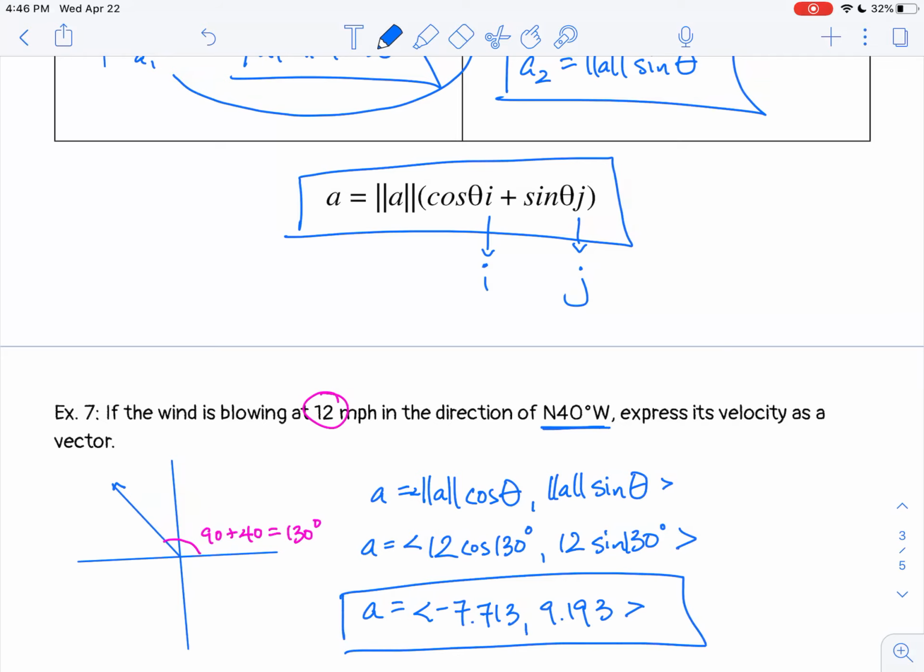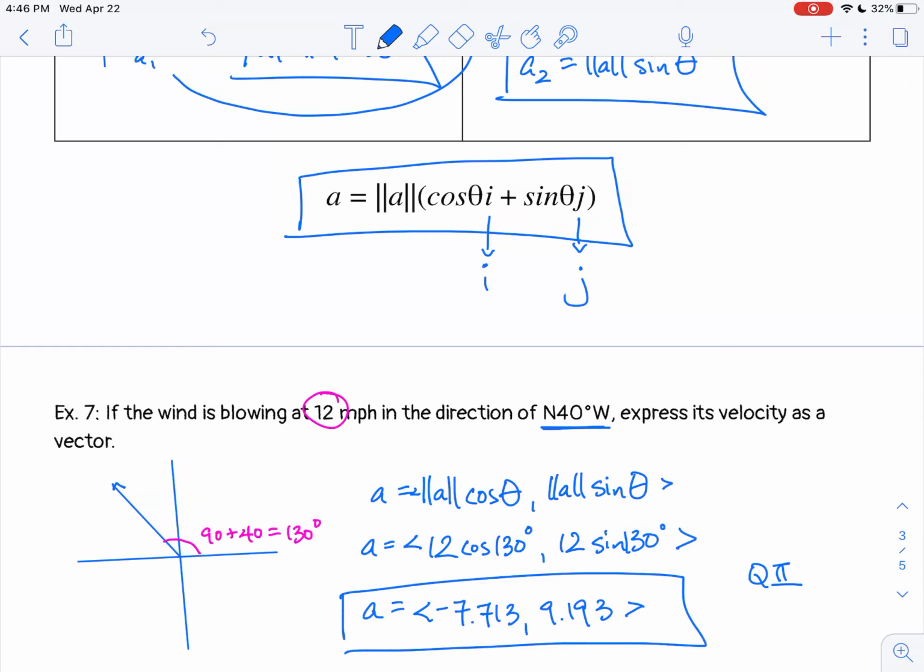Okay? So that's how you express a vector, or express a vector direction, with the direction. So I know when I look at this that my vector is going to be in quadrant 2.